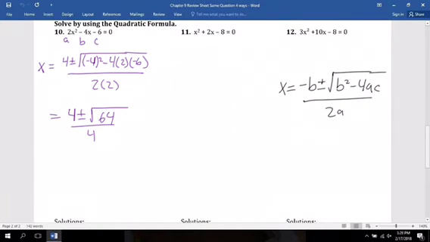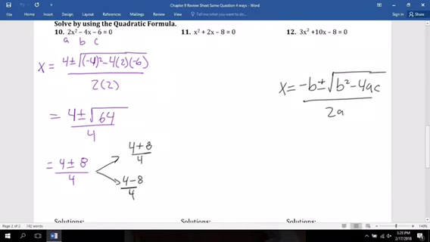Well, in this case, you end up with 4 plus or minus 8 over 4. You create your two equations. You've got 4 plus 8 over 4 and 4 minus 8 over 4.